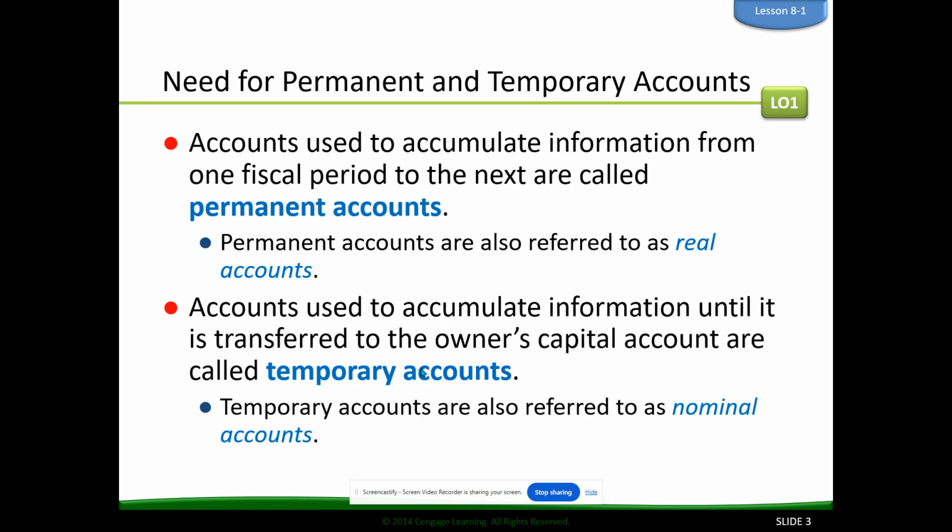Now we close the owner's drawing account because the amount of money they're taking out is for that time period. So we want to make sure that we know how much money we're making in sales compared to how much money they're taking out in drawing.